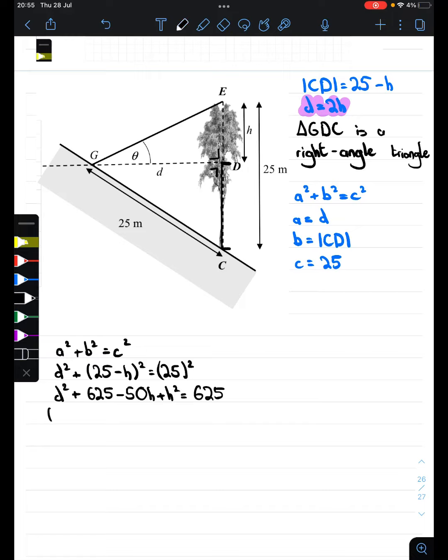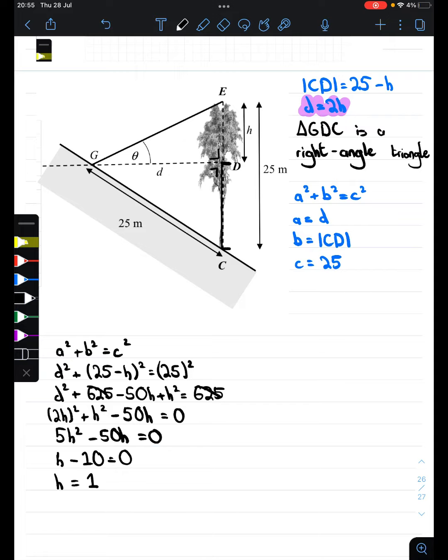So we get 2h squared, plus the 625's cancel, plus h squared minus 50h equals 0. So 4h squared plus h squared becomes 5h squared, minus 50h equals 0. We can cancel the 5 and cancel the h, so we get h minus 10 equals 0, and thus h equals 10.